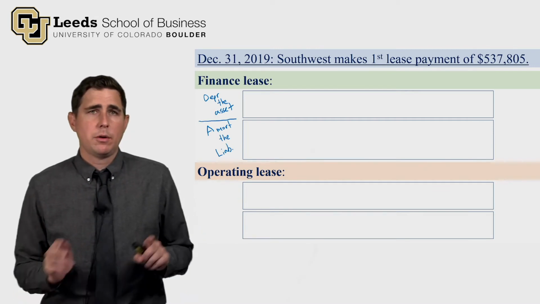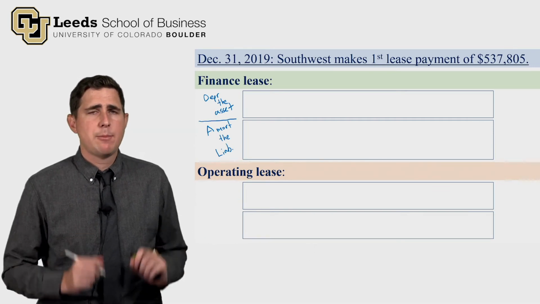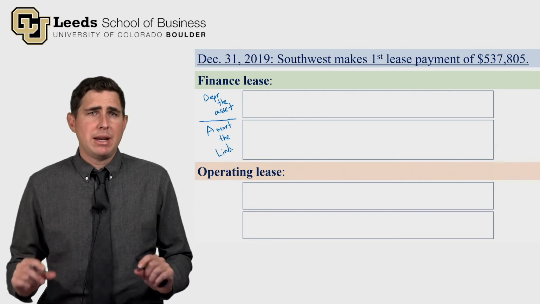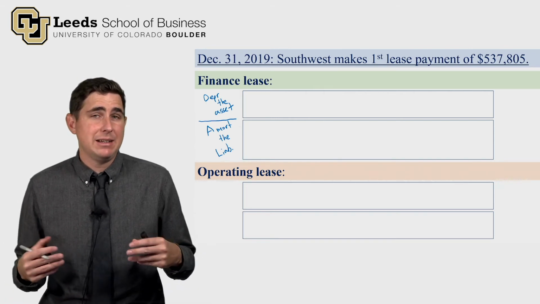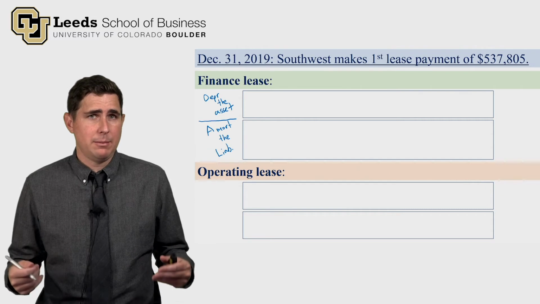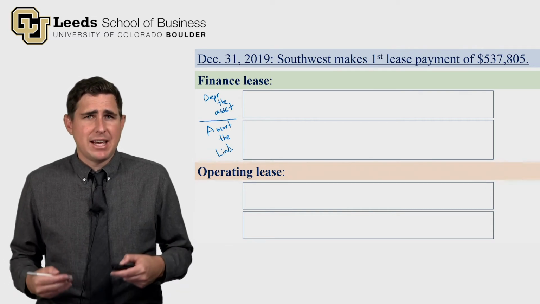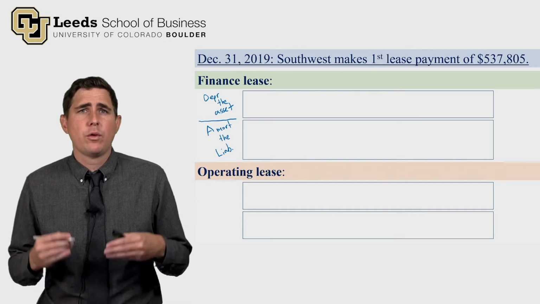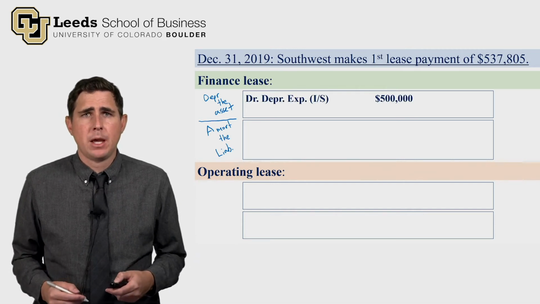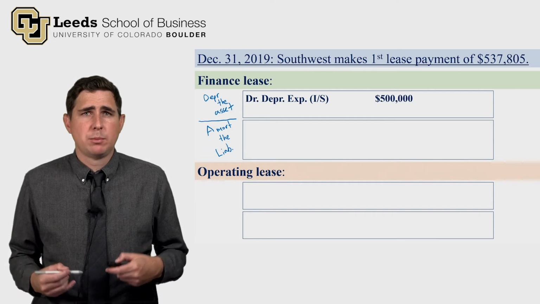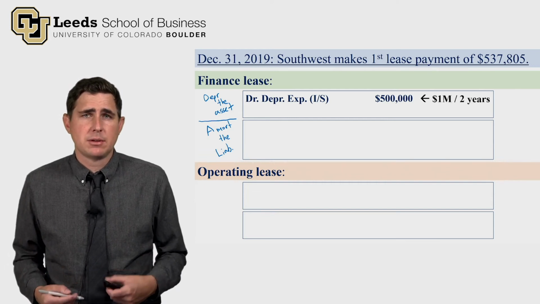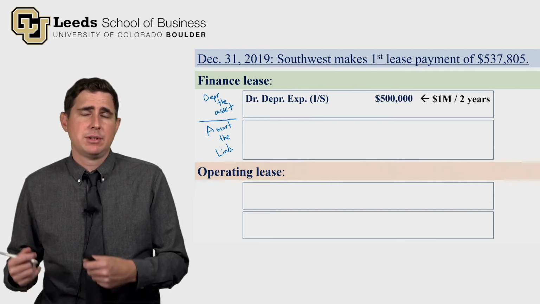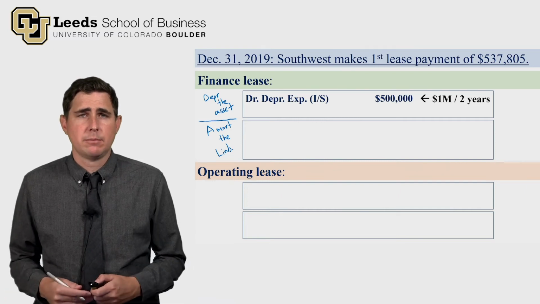So step one will depreciate the asset. Step two will amortize the liability. They're separated because we're treating them slightly separately, as if they are different elements. So this asset, remember, was a $1 million asset, and we're depreciating it over the lease term, which is 2 years long. So we'll record 1 year of depreciation expense of $500,000, the $1 million asset divided by 2 years of the lease term.